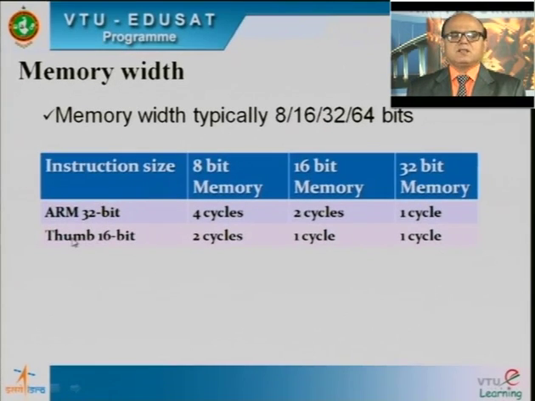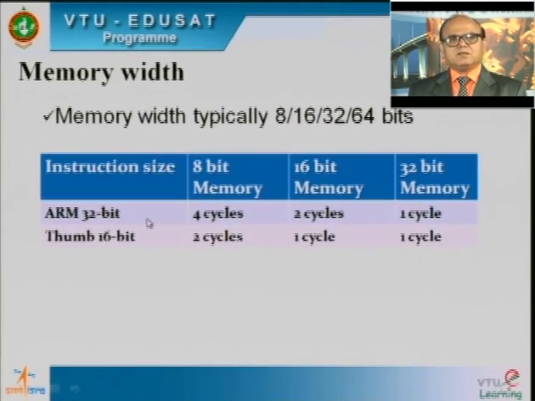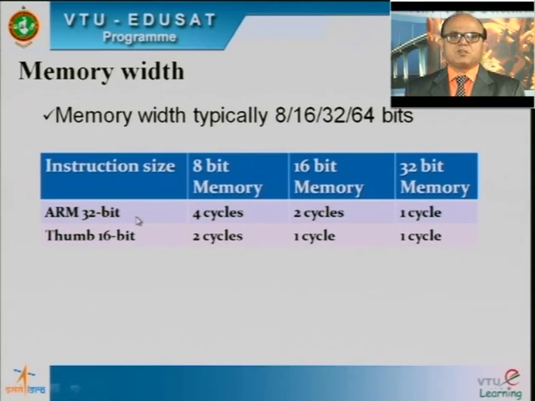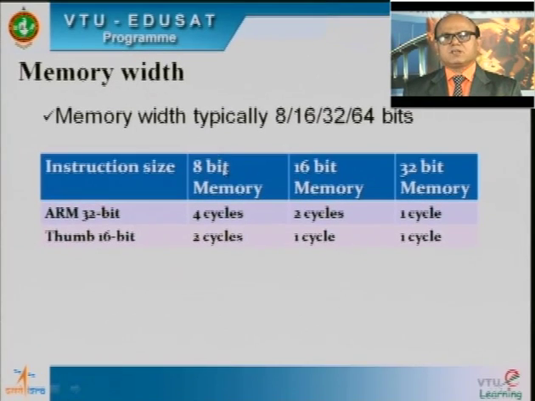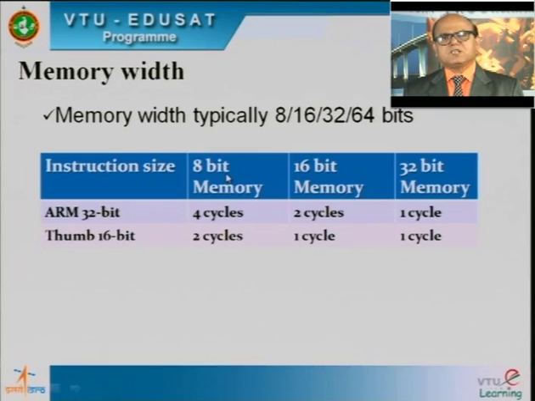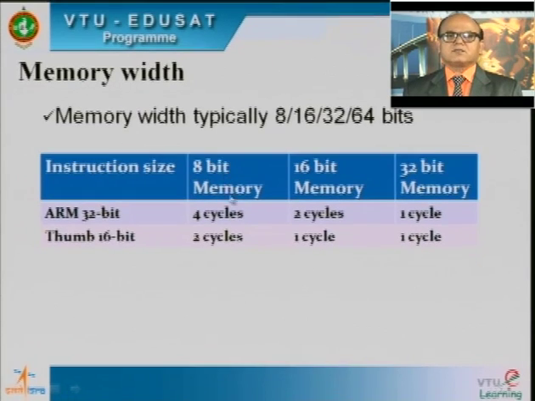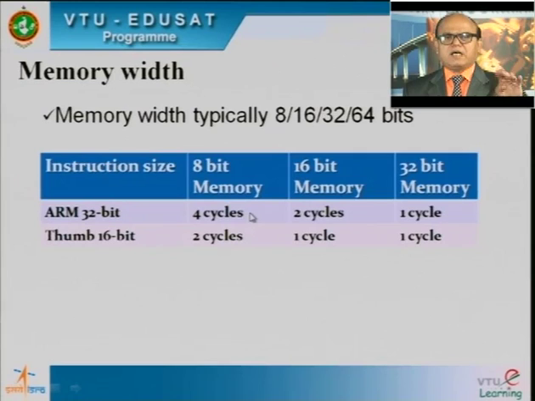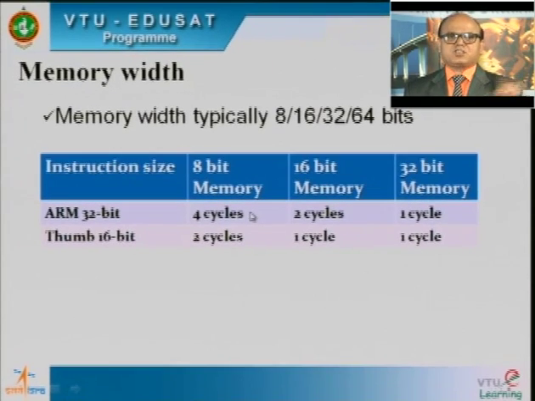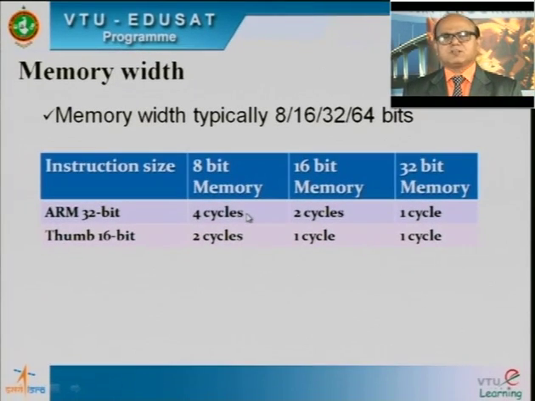If an ARM 32-bit processor operates on 8-bit memory, it takes 4 cycles to fetch 1 word of information, because ARM is 32-bit, meaning 4 bytes of information are to be fetched. Naturally, with a memory whose width is only 8 bits, 4 accesses have to be made to fetch 1 complete word from the memory to the processor core.